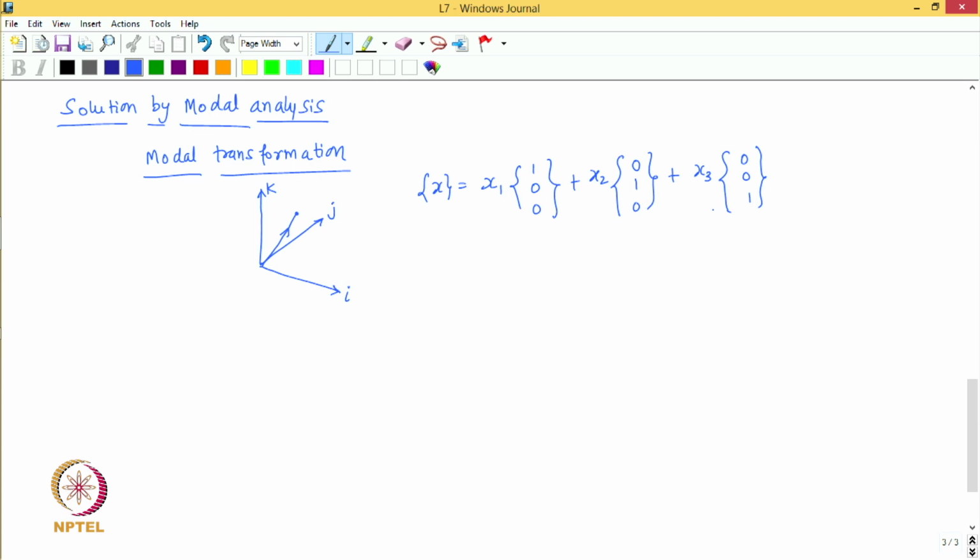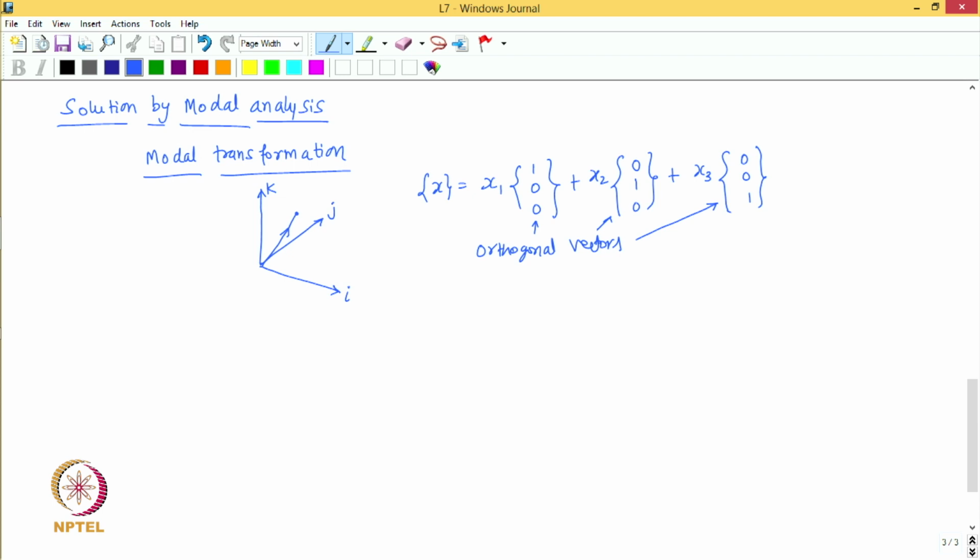So, these 3 vectors are orthogonal vectors and they form the basis vectors of this space, because any point in this space can be expressed as a linear combination of these 3 vectors. So, x1, x2, x3 indicate the participation of each vector in the vector x.